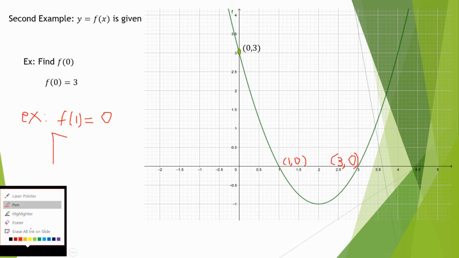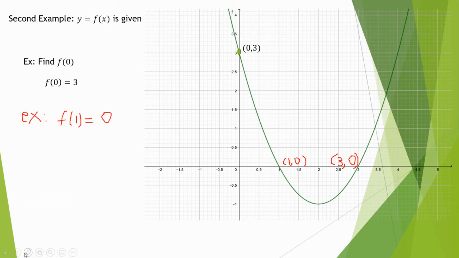Let me fix that with the eraser. I just want to write it in. So f of 3 is also 0. So we get that. Okay, so that's an example.